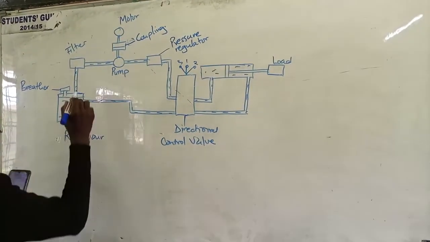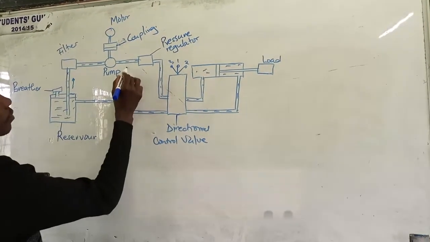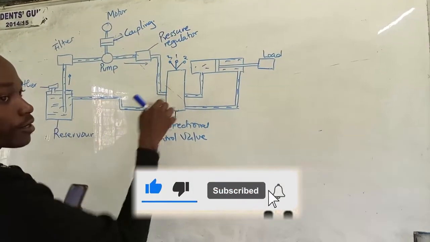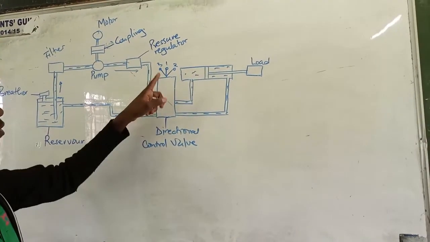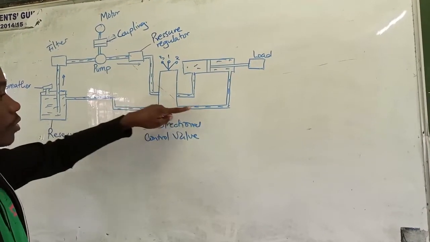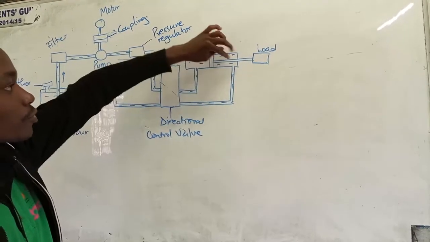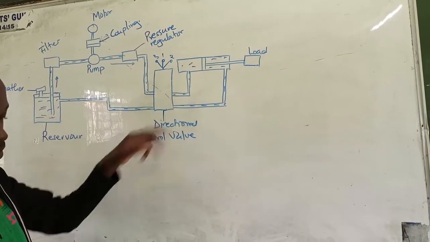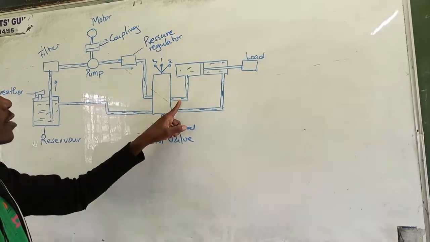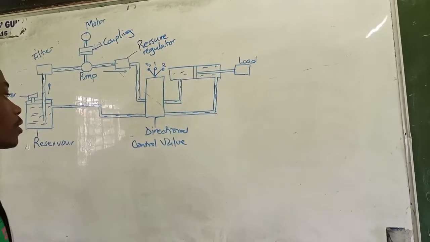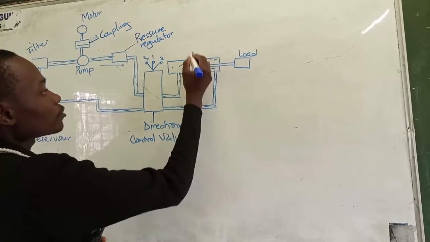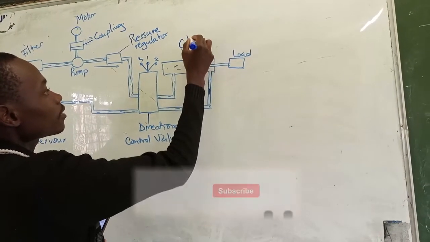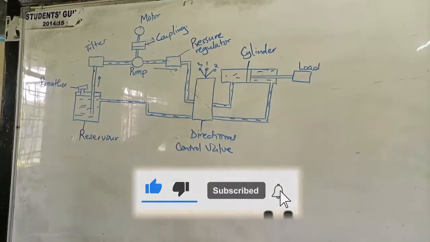When the fluid moves out like this and it reaches the directional control valve, the control valve either makes it flow downwards so that it pushes this load inwards, or it makes it flow through this other pipe system so that it pushes the load outwards. And this is the actuator. In this case, it is a cylinder. Basically, that is the system.